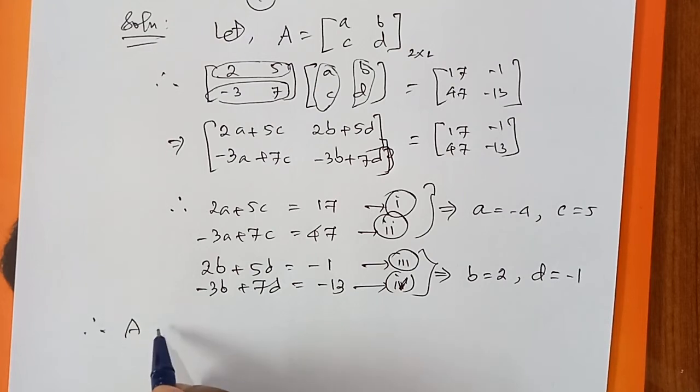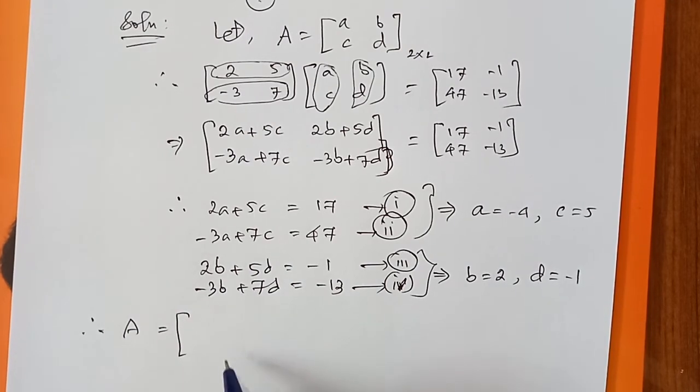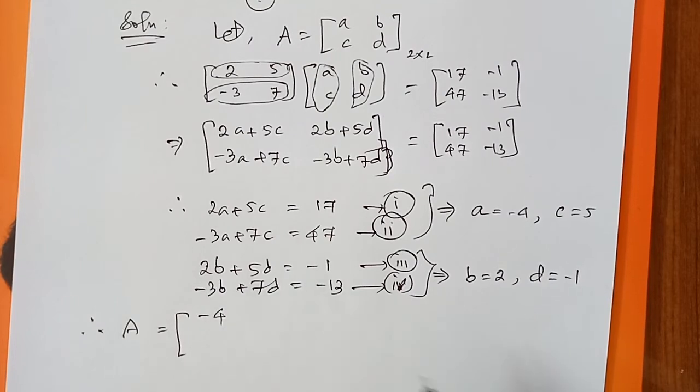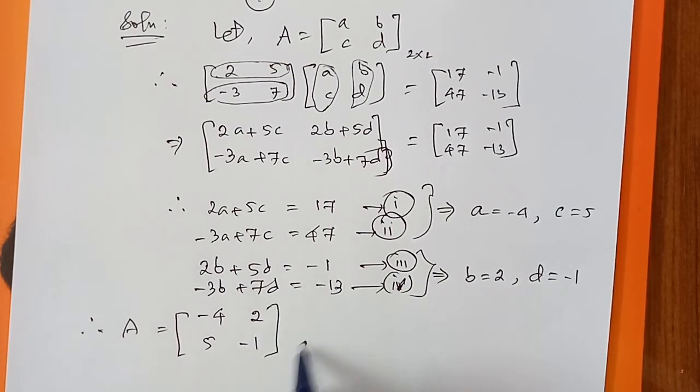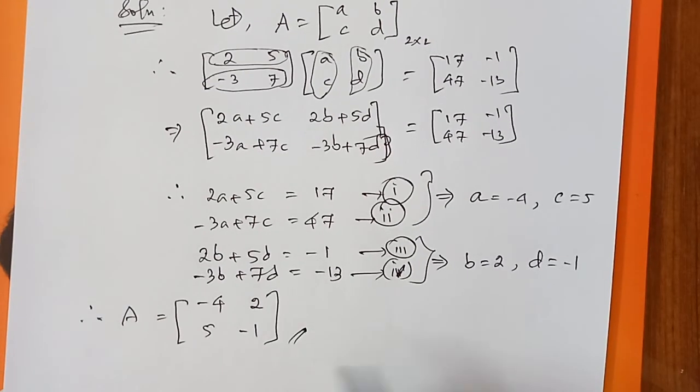Therefore matrix A is: a is minus 4, b is 2, c is 5, and d is minus 1. This is your matrix A.